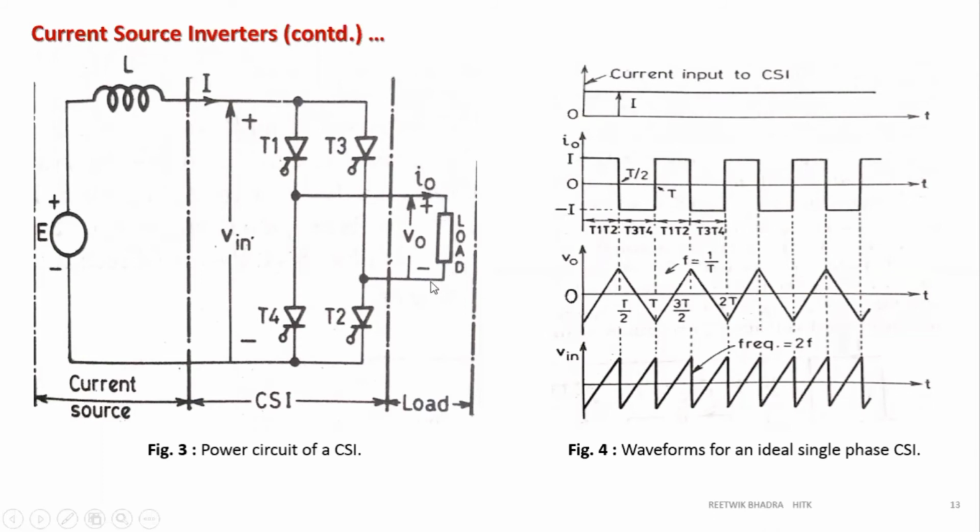Then from the load it goes through T2 back to the negative. Now I0 is positive and this whole circuit, from the source positive, T1, load, T2 back to the source negative, is a series circuit. So whatever current I is there, it will be flowing through the load also. So I can say I is equal to I0. That's why I0 is equal to I during T1 and T2, and I0 is positive with magnitude equal to I.